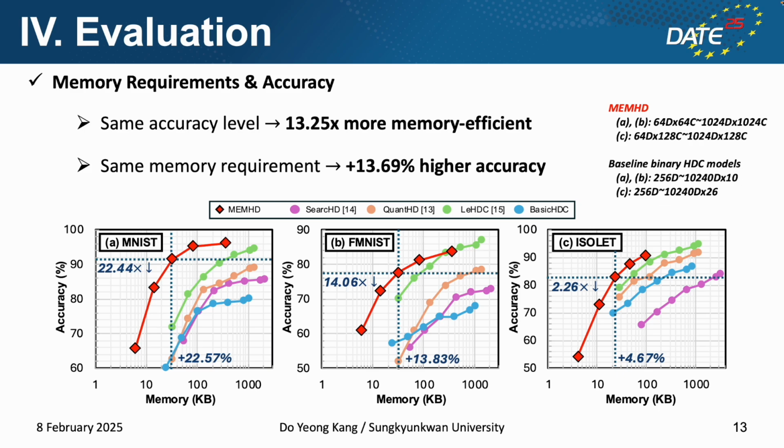Our approach finds a sweet spot between accuracy and efficiency. For example, our intermediate 256 by 256 structure achieves 13 times better memory efficiency at the same accuracy. And when compared at equal memory usage, it even delivers about 13% higher accuracy.